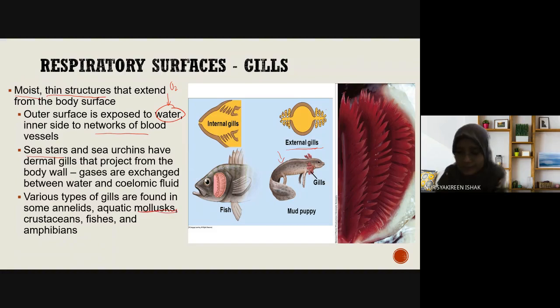Okay, mollusk ni siput. Okay, and then crustaceans tu macam ketam. Okay, crustaceans, fishes and also amphibians. Okay, so gills can also be found in amphibians lah, anak-anak berudu tu kan, so amphibians. Ini saya rasa amphibians jugalah ni, axolotl ni.